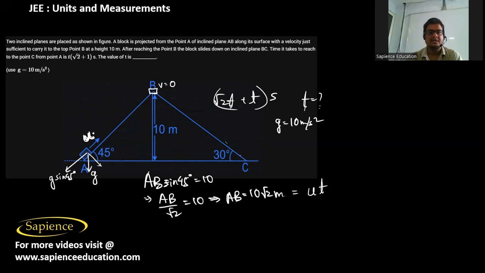Let's say it takes time T1 to reach the point B. So I can say it is uT1 minus half at square, that is g by root 2, T1 square actually.